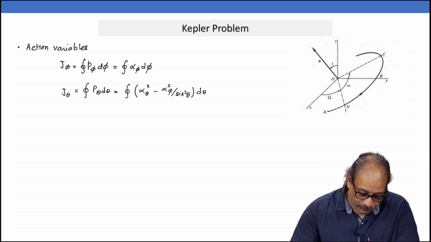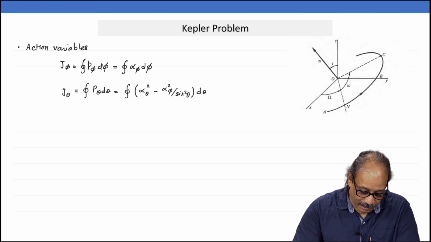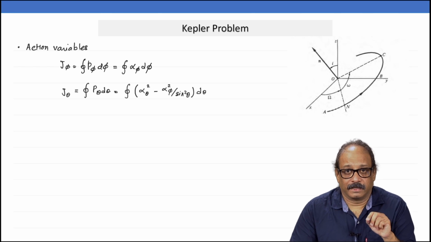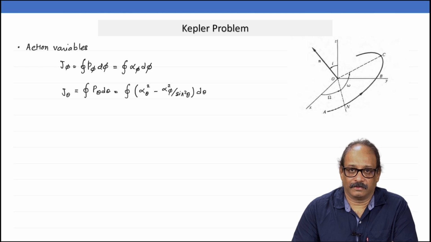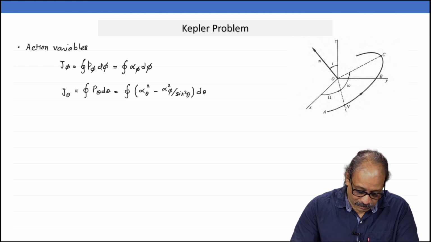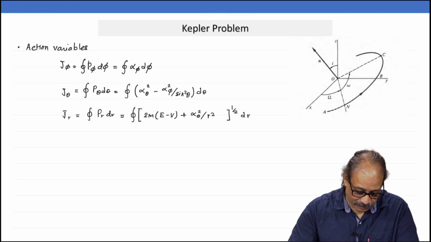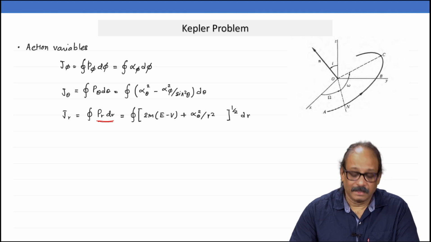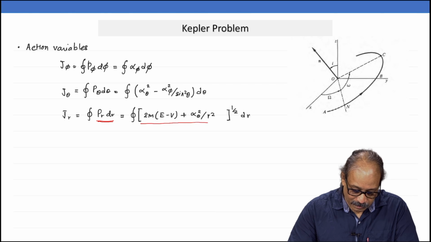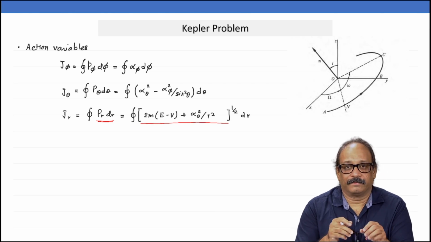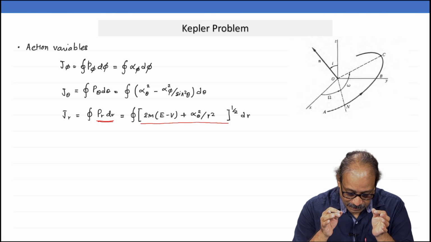Now, for the theta integral, again remember there is an integration over one cycle, p theta d theta, but we already know the value of p theta from the separation. So, we already have that, and same thing for J r, which will be defined as integral p r dr, and then that is equal to square root of 2m times (E minus V) plus alpha theta square by r square.